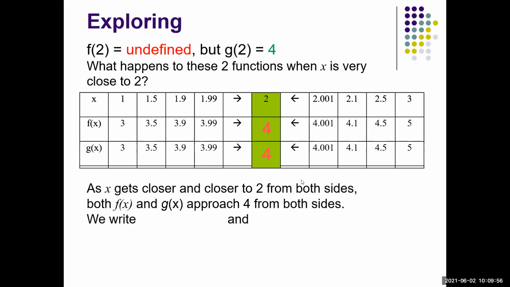And then we have the new notation. We write the limit of f of x equals 4 as x approaches 2, which means that when x approaches 2, the function approaches 4 from both sides. And the same thing for g of x.